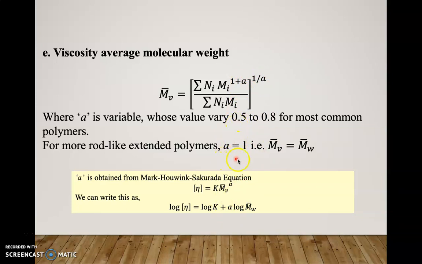So when we use the relative method, that is the viscosity of the solution, we use basically this equation to calculate the slope of the graph to know the value of a, and from that we can easily calculate the viscosity average molecular weight. We do not have that graph plotting in your course, so we are not doing that, but you should understand this particular formula, and you should know what its terms mean.